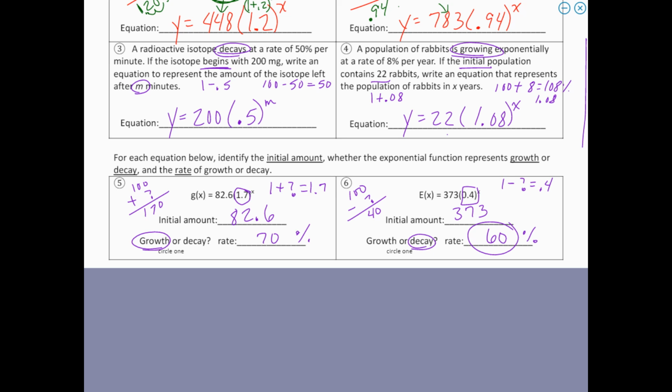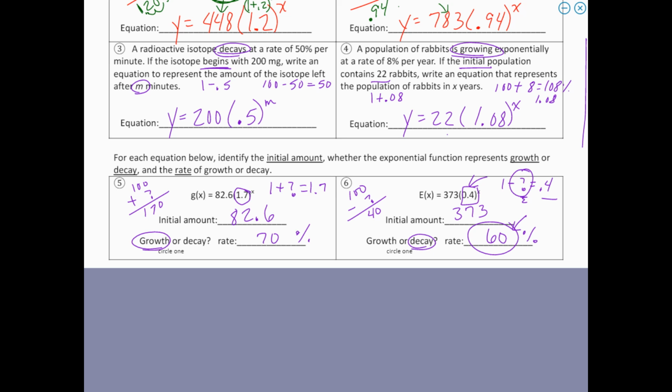It's decaying because it's 0.4, right? But 1 minus something gives me the 0.4, and that's the 60. So what you see here is the end product after you take away the decaying percent.